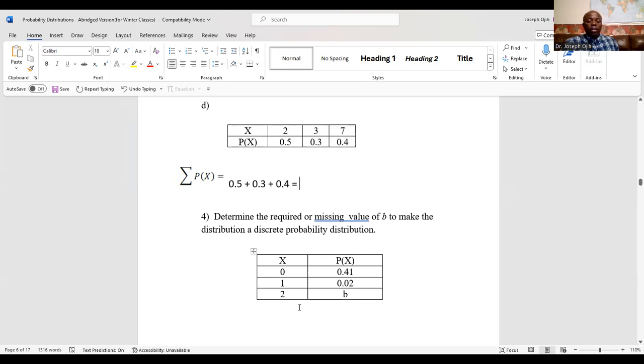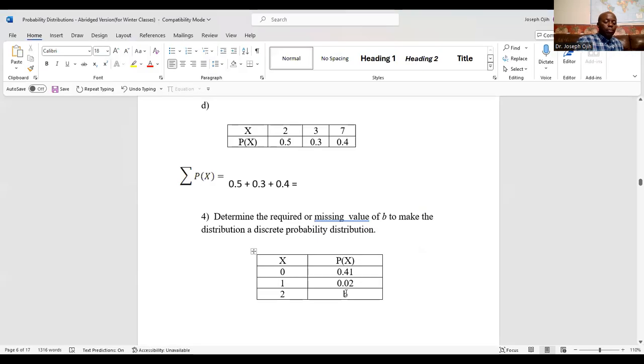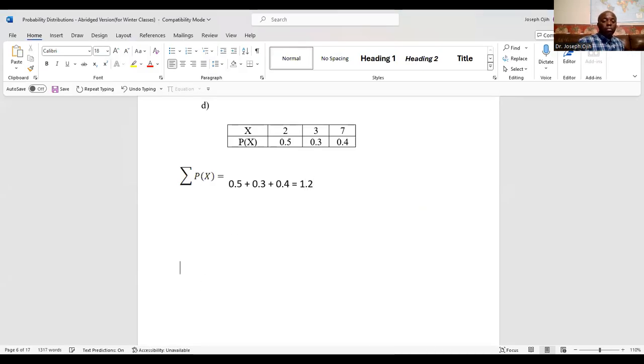Let's go and get it on the calculator. 0.5 plus 0.3 plus 0.4, 1.2. So it's not, because it's greater than 1. So the answer is no.